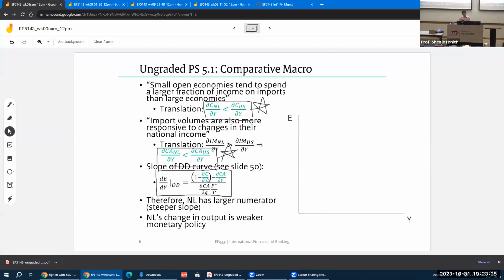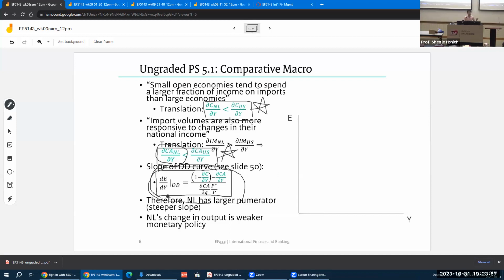So 1 minus a small number is a bigger number, minus the partial derivative of the current account with respect to a unit change in income. The Netherlands here is also a smaller number. So 1 minus a smaller number minus another smaller number. So the overall expression of the slope, all else equal, should be bigger.